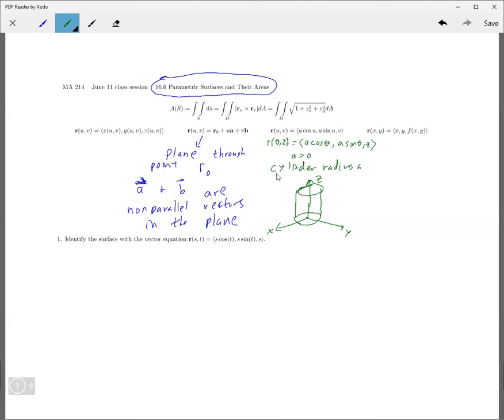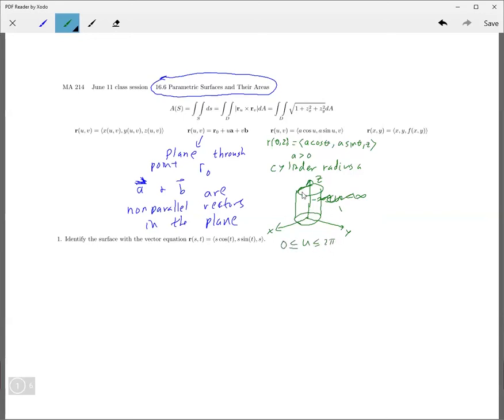Now, also with these parametric equations, of course, it's not just going to be this usually, although it can be. You could say u and v go from negative infinity to infinity. Okay, but probably you wouldn't make u do that. You'd probably make u go from 0 to 2 pi.